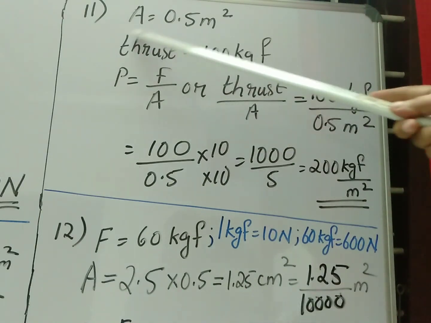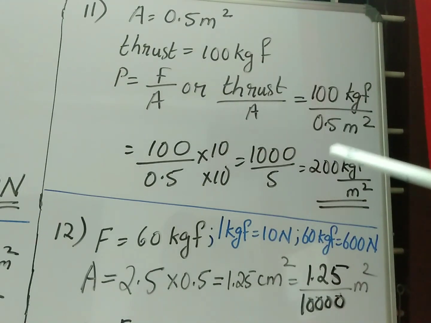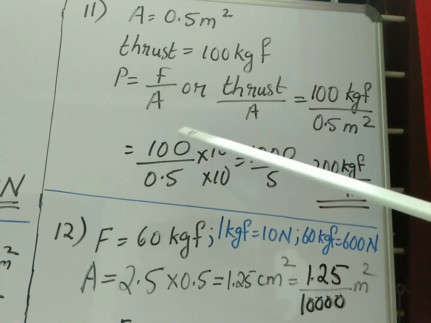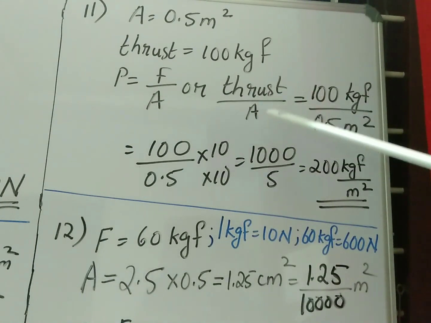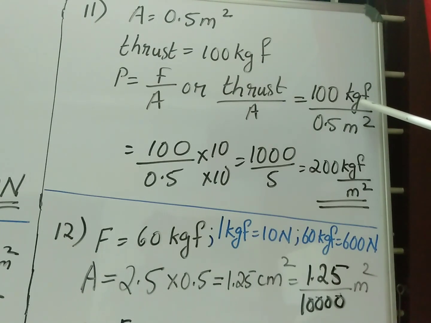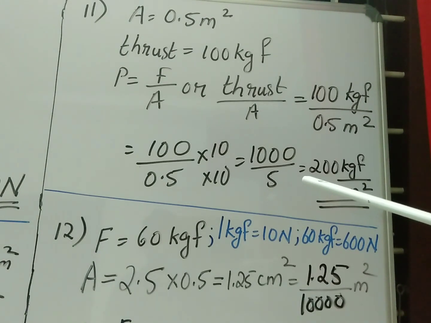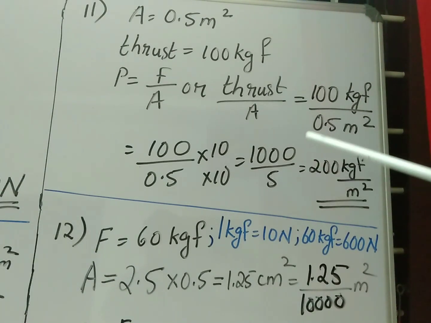But if we mention thrust, that means the force is applied in the downward direction. So here pressure is equal to force by area, or thrust by area, that is 100 kgf by 0.5 meter square. Here in the question they didn't mention that we have to find the answer in SI unit, and in the answer it is given in kilogram force per meter square. That is why I am not changing the unit.